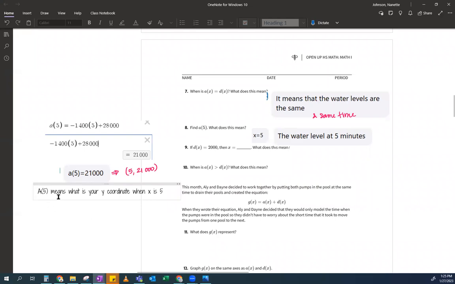If A of 5 means what's your Y when X is 5, what do you think this means? Anybody? Yeah, very good. We need to find the value of X when Y is what?